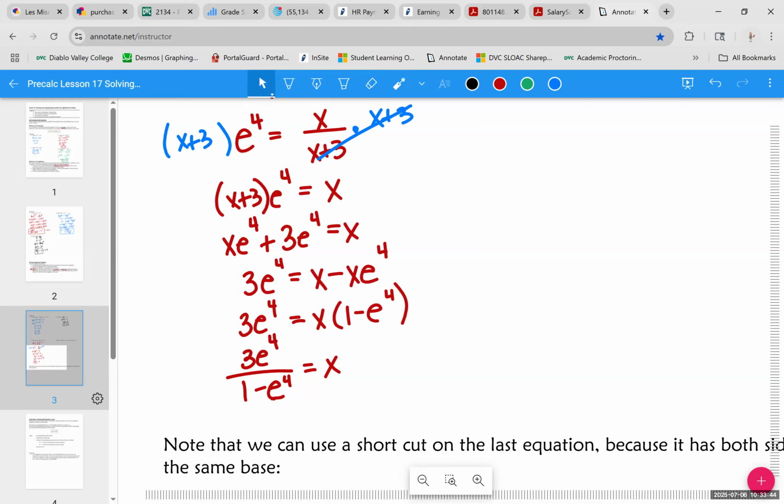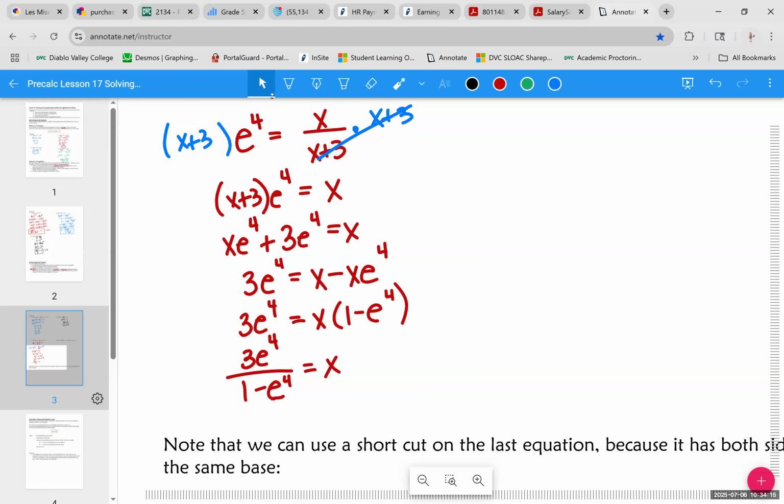Probably not. So I'm going to go ahead and just plug it in my calculator. 3e to the fourth, and then I'm going to divide that by 1 minus e to the fourth. And that is a negative number. E to the fourth is definitely bigger than 1.